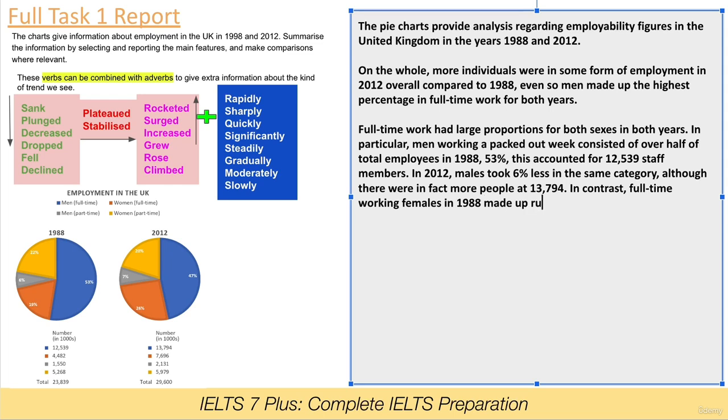Made up roughly, or were about, they're about a third, aren't they? About 1/3 of the men's figure. And then we have 4,482 employees.